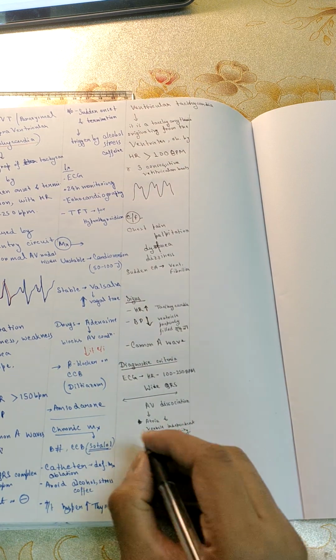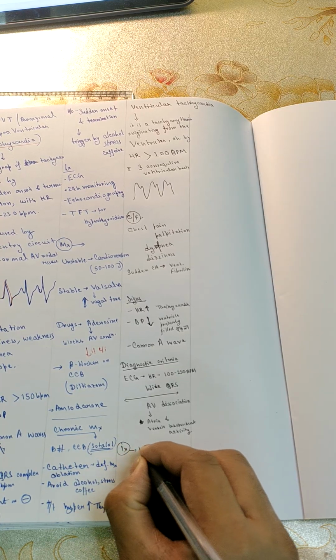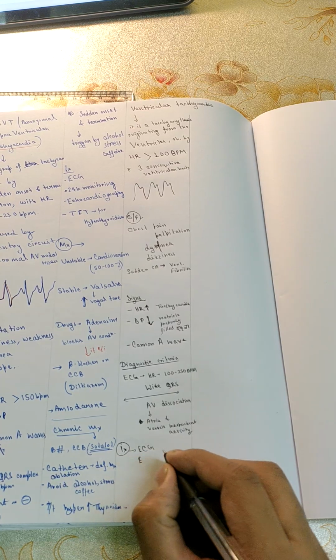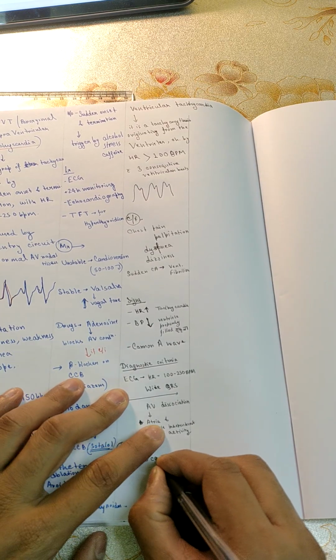Okay. Now in investigation, what can we see? Obviously, ECG is the first one. Then echocardiography for structural abnormality.